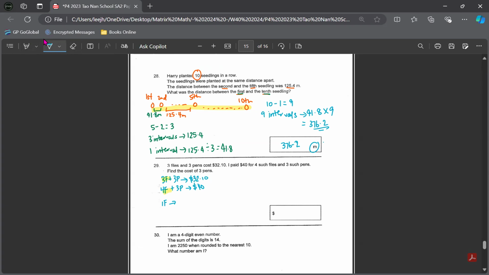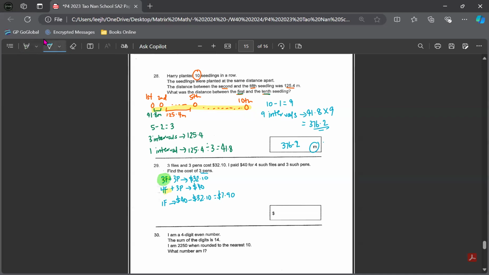So there'll be no more pens left. 4 files minus 3 files leaves 1 file. So 40 minus $32.10. So 1 file costs $7.90.